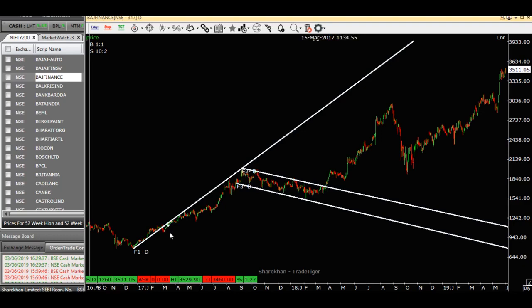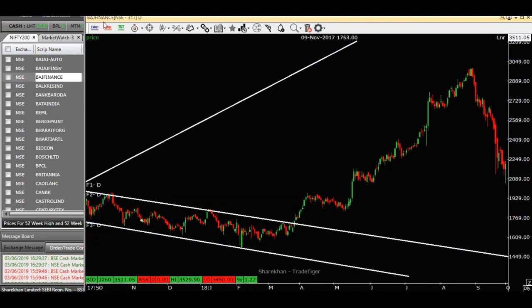See this nice impulsive, one-sided move up. Then we start to get this pullback. After this nice up move, price just starts to move in this range, in this pullback.